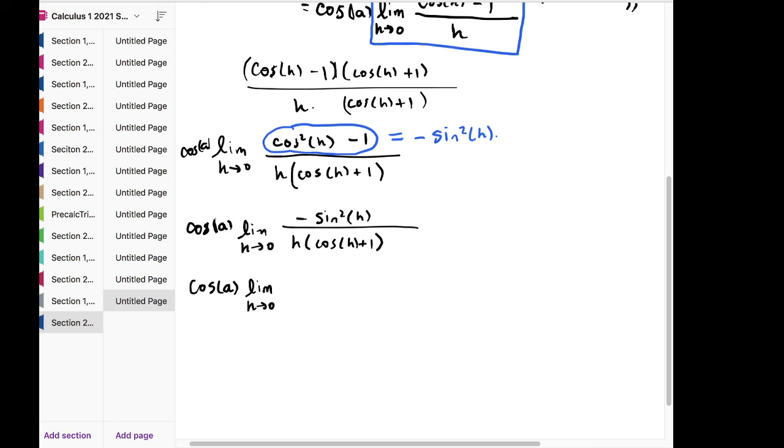Group a nice limit. Yeah, so I can group out the sine squared h, but why don't we just skip right to just factoring out the thing I want, right? Let's just factor out the sine of h over h. That's the thing I want, and then let's leave the other stuff on the side.